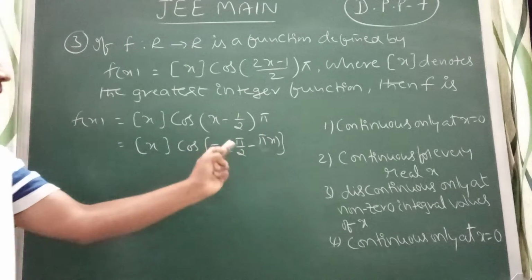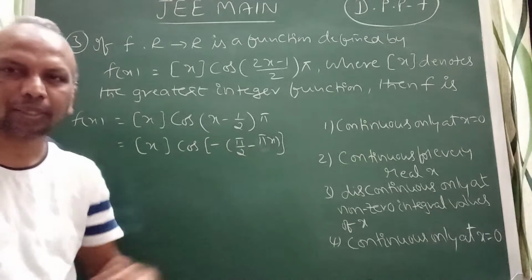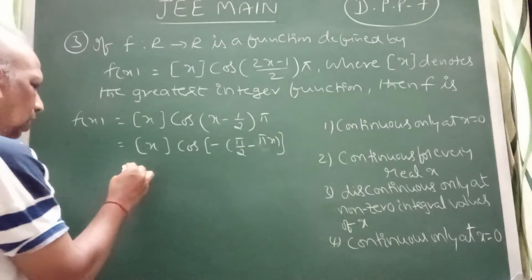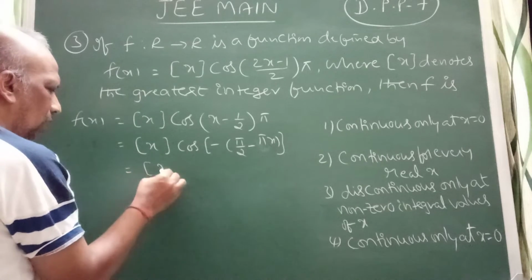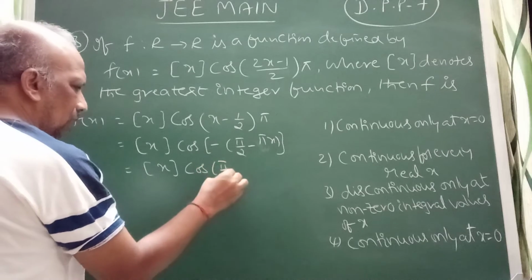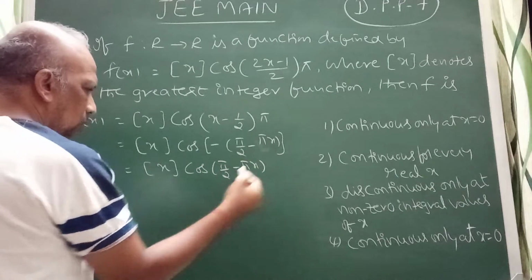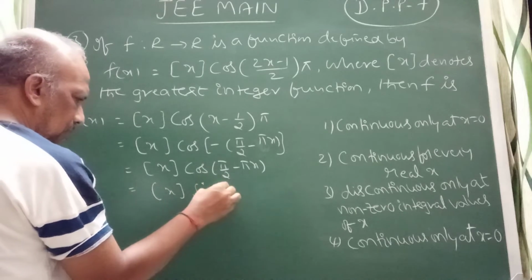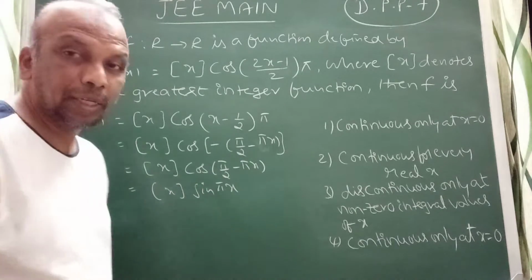Just multiply minus pi by 2, so you get minus pi x. But cos of minus theta is cos theta, we know that. Step x always gives an integer. This will be cos of pi by 2 minus pi x. So this will be step x sin pi x.